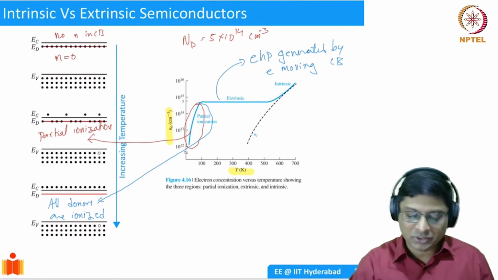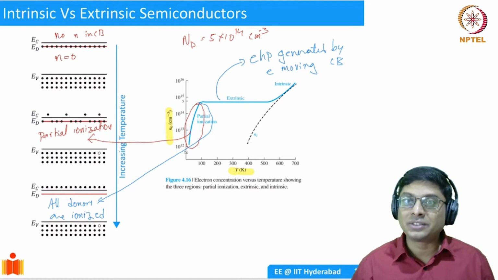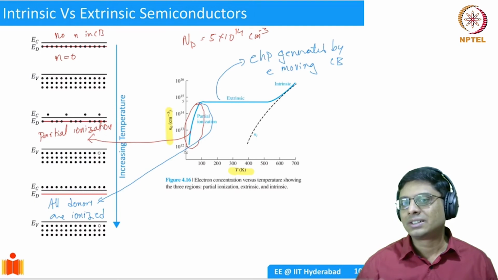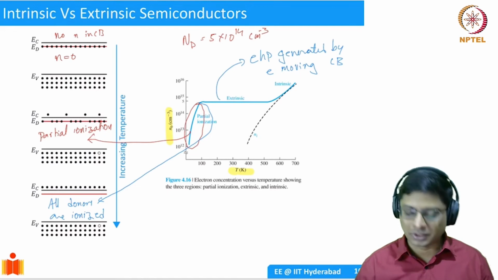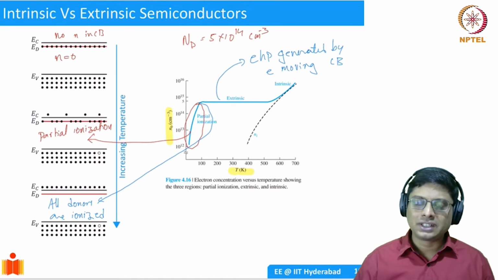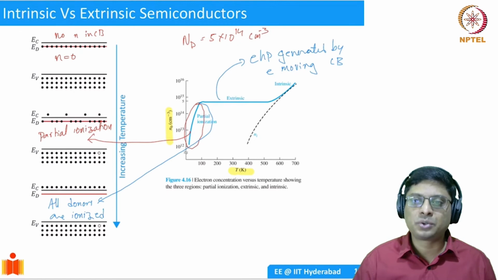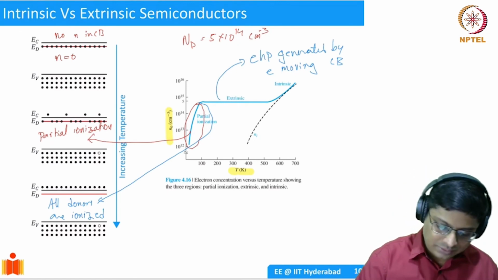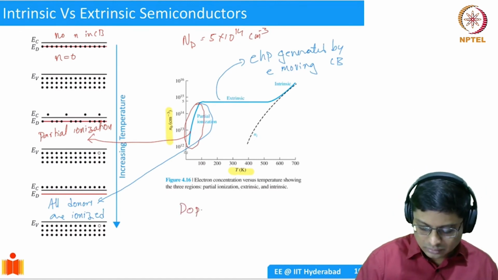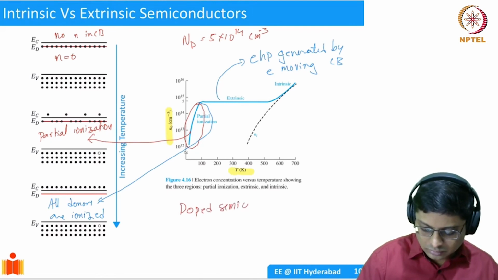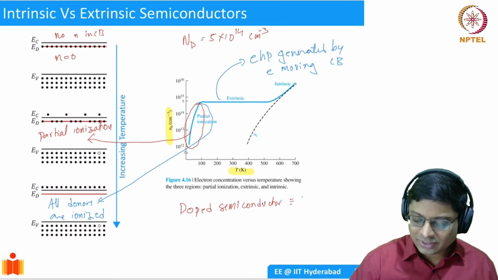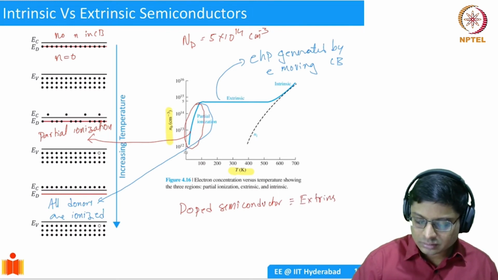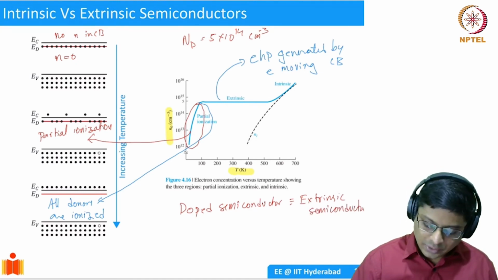That can happen, so you have EHP generated. But that number is very small. Remember, at low temperatures, the number of carriers generated by the electron hole pair generation process is very small. So if you have a semiconductor which is doped, I'll call this an extrinsic semiconductor, as opposed to an undoped semiconductor.